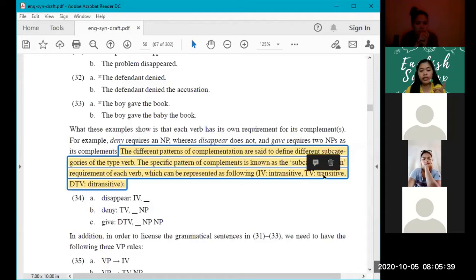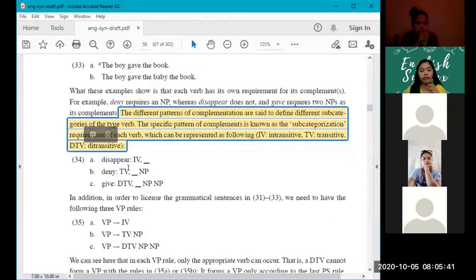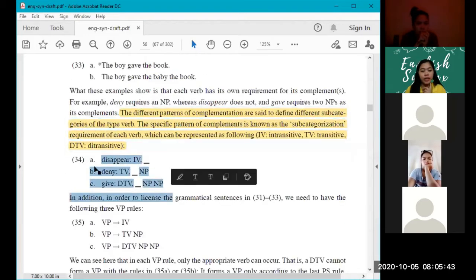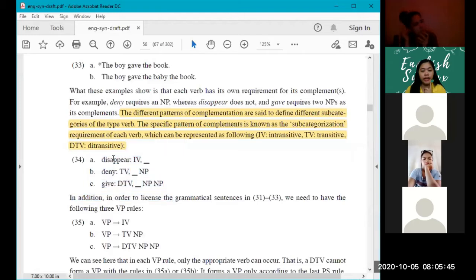Intransitive verb, transitive verb, or ditransitive verb. So we can see it right here. The verb disappear is an intransitive verb, which does not require a complement, as you can see here.